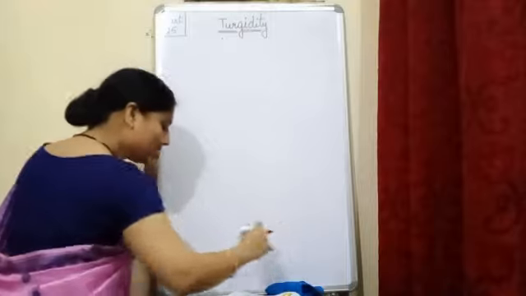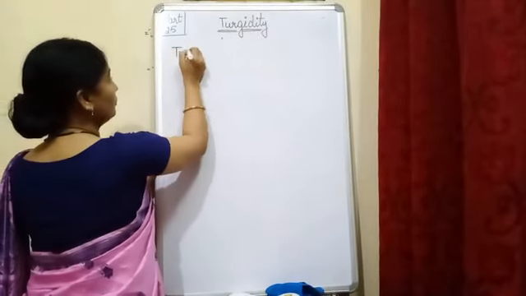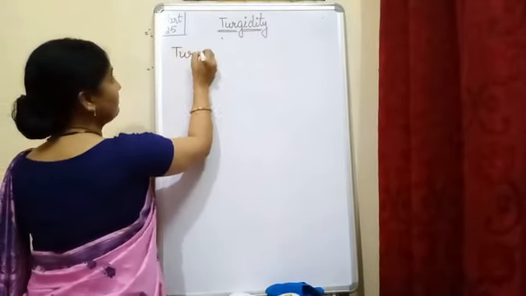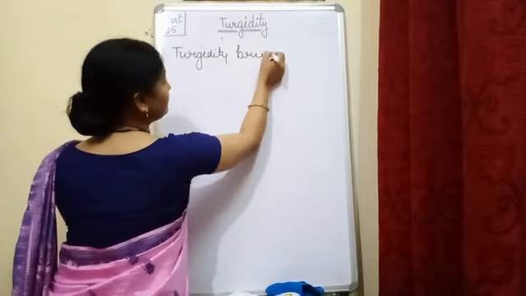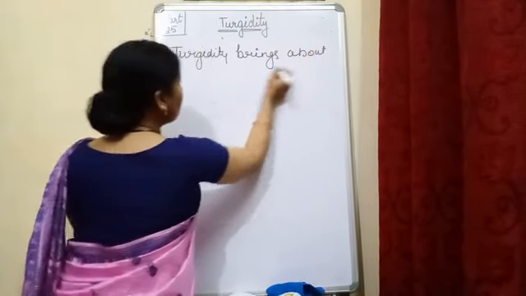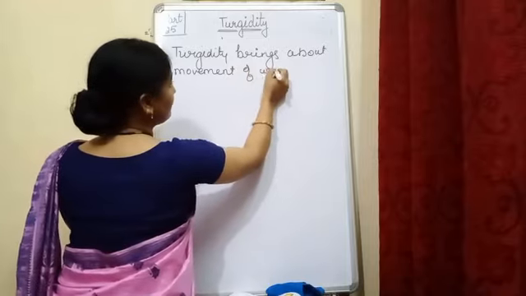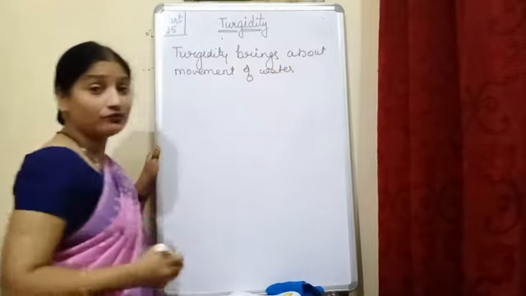Number one, turgidity brings about movement of water. What to write? Turgidity brings about movement of water. Now see, how movement of water?